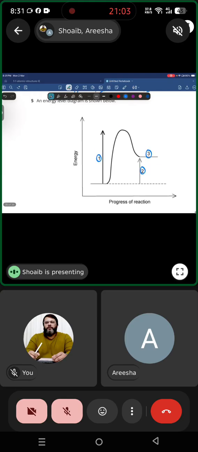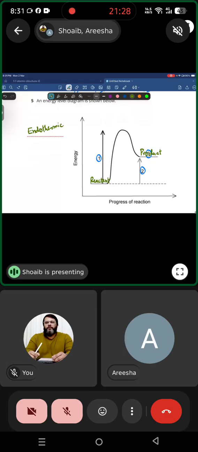If we observe this energy level diagram, this diagram is for the endothermic reaction. The type of reaction is what? Endothermic here. In the endothermic reaction, the reactants are always below and the products are always above.